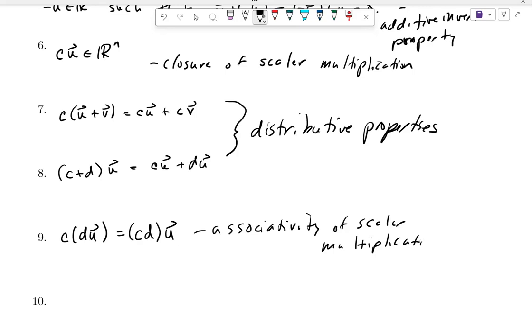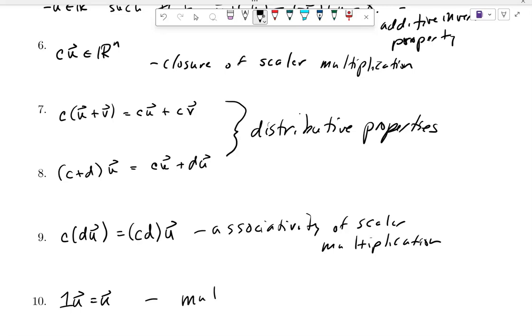And then the last thing is a scale. Remember we talked about how we had to have a scale for determinants? If we talk about scalar multiplication, there must be some scale going on, right? If I take 1 and multiply by a vector, I just end up with a vector back again.